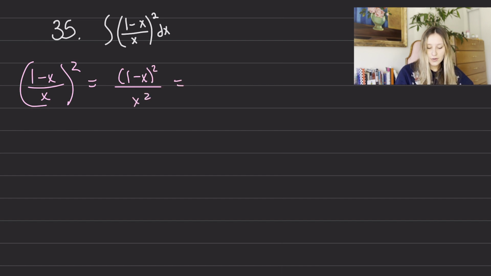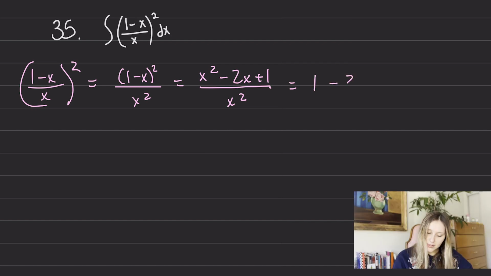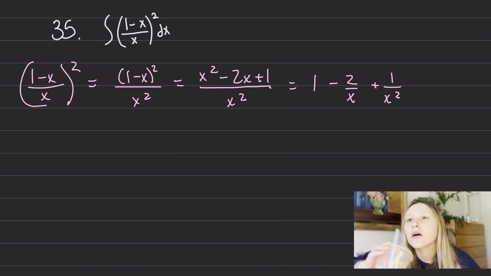X squared, we get x squared minus 2x plus 1 all over x squared. And then with that we get 1 minus 2 over x plus 1 over x squared.